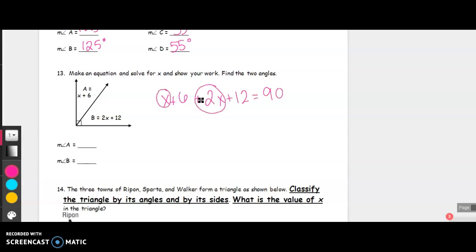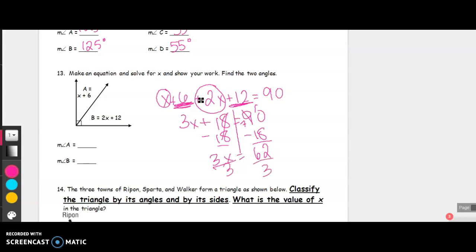X's and 2x's gives me 3x. 6 and 12 gives me 18. Draw my line down the middle, subtract 18 from both sides. 3x equals 90 minus 18, divide by 3.